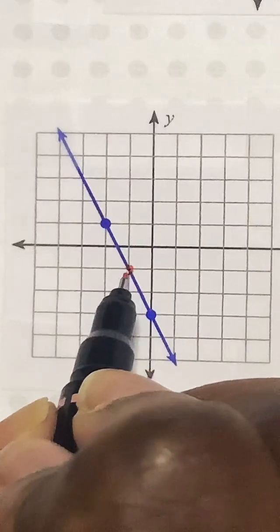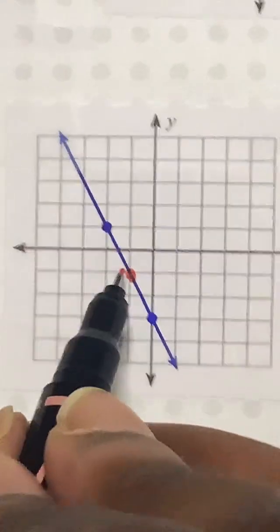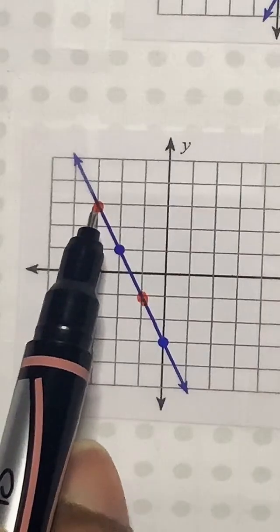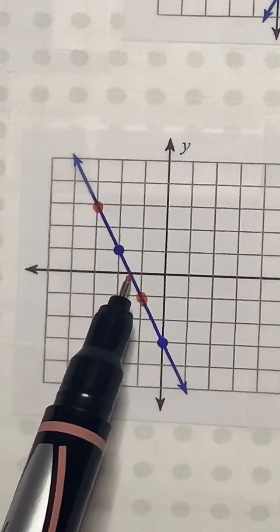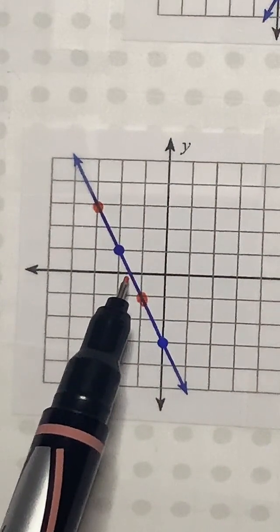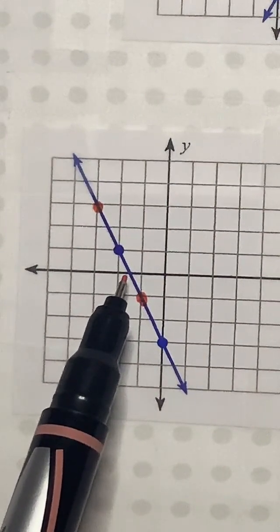Like right here is one. And then if I come up here can be one too. You see how it's right in the middle of the graphs? So this point right here on the x-axis, that's halfway, but then you're dealing with halves. Same thing is happening up here.